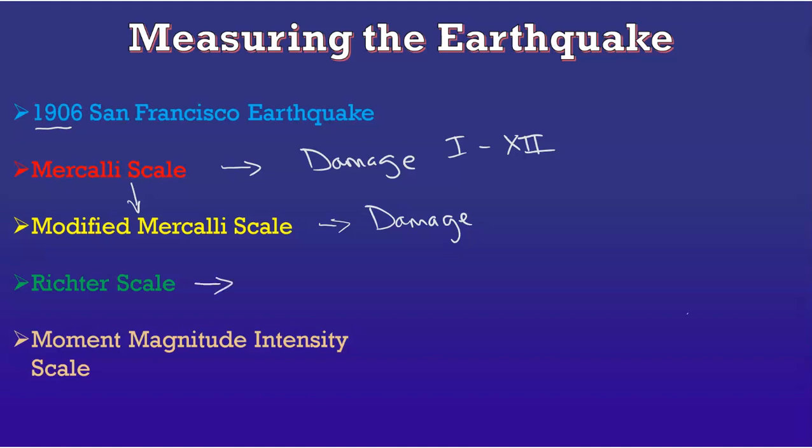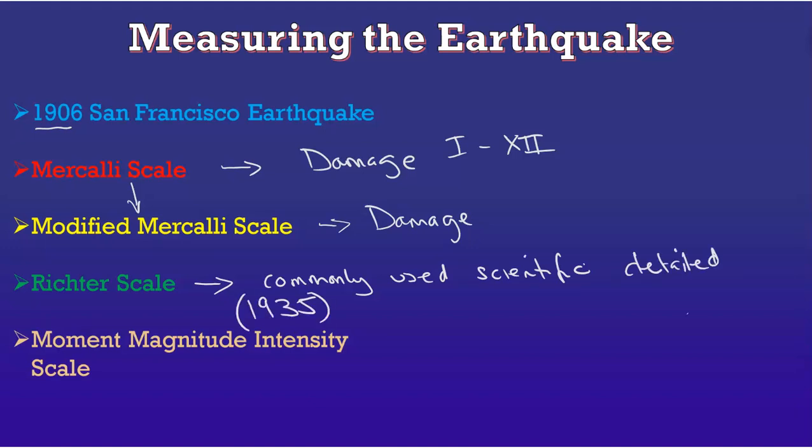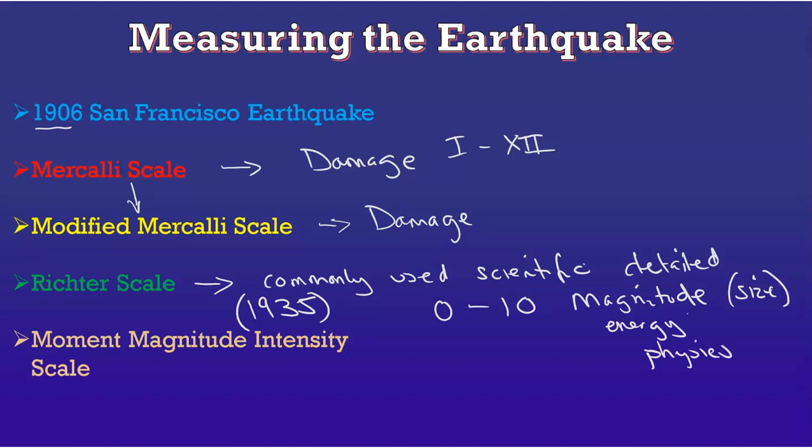Then we have the very commonly used, more scientific, more detailed Richter scale. So this was 1935. And based on Charles Richter, his scale from California, and it was from 0 to 10, and it has a scale based on the magnitude of the earthquake, which is the size, and this is based on the energy, based on the physics, based on the motion and vibration and movement of the ground, and 0 being very, very small and nothing, 10 being catastrophic and world event, so very, very bad.